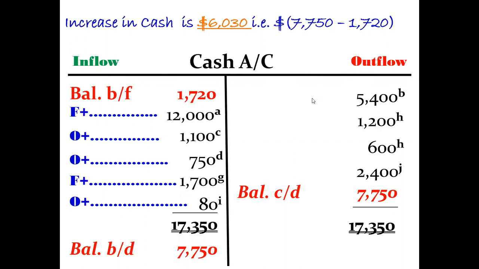What about the 1,200 and the 600? Those were expenses that we paid. So beautiful, my darlings. Everybody on target. Operating activities.